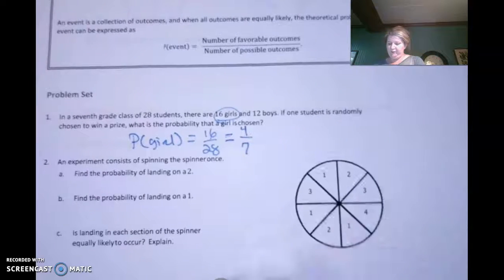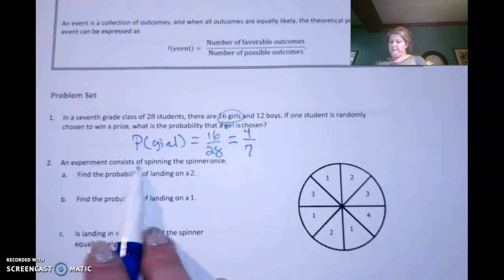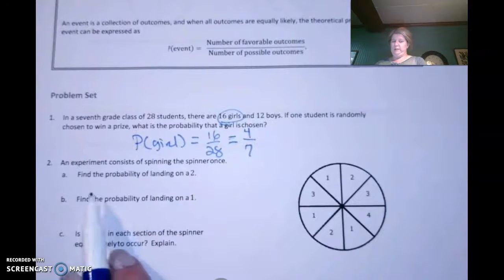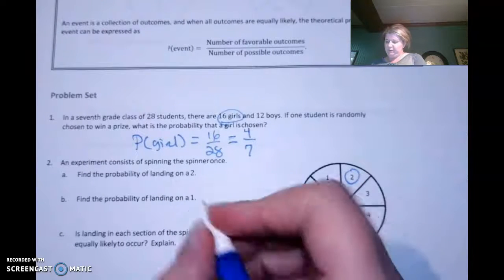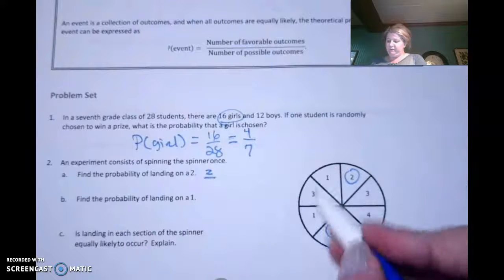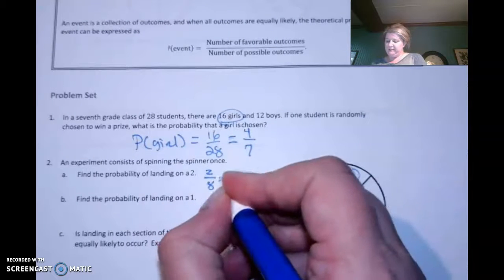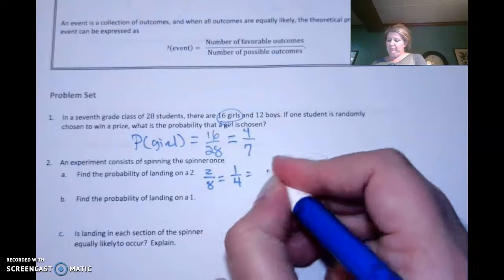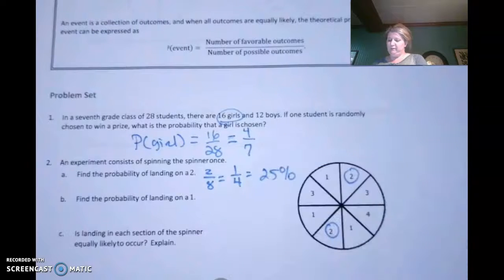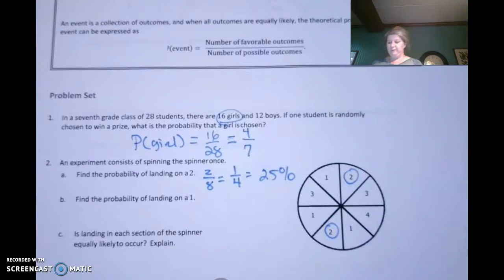Now we have a spinner, and this experiment consists of spinning the spinner one time. The probability of landing on a 2, well, there are 2 2s out of the 8 sections, which would be 1 out of each 4. And I could also write that as 25%, or 0.25.